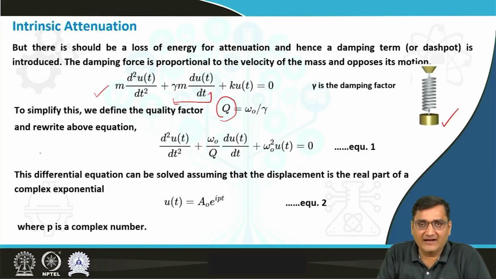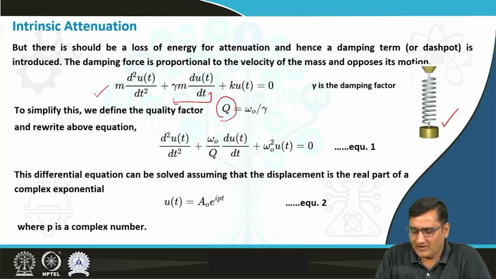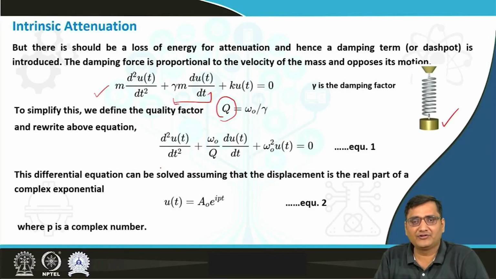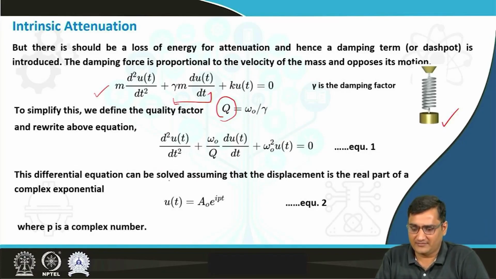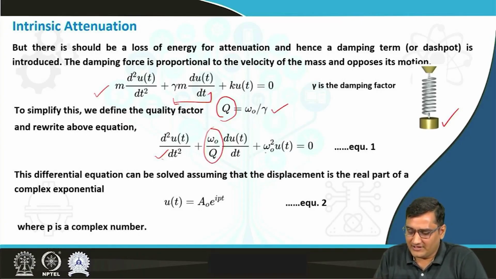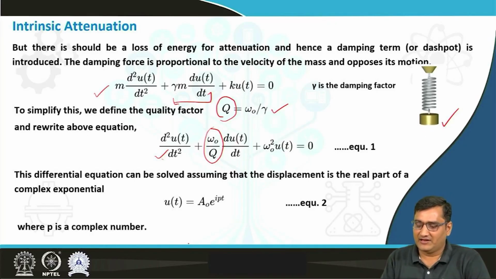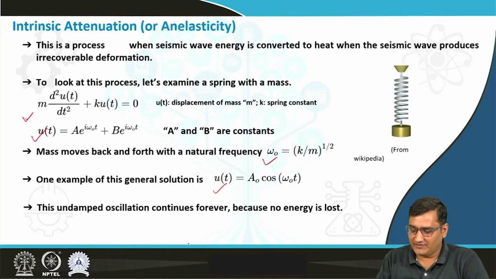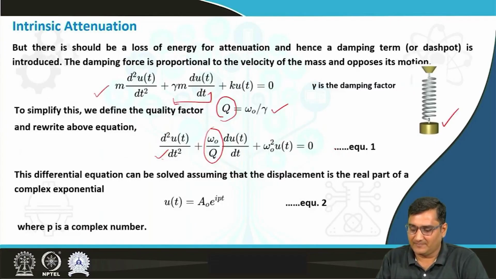Then we can rewrite this equation: if we divide the equation by the mass on both sides, it will become something like this, where gamma has been replaced, gamma is equal to omega naught by Q, then d square u by dt square plus omega naught by Q du by dt plus omega naught square u(t) is equal to 0, and k is basically replaced by the natural frequency using this particular formula here.